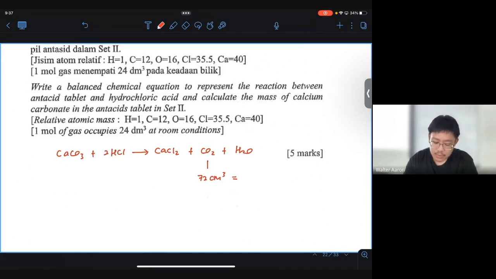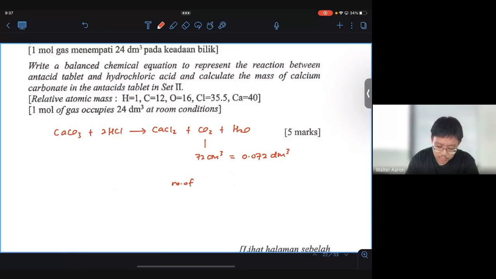So divide by 1000, you'll get 0.072 dm cubed. Okay, so to get the number of moles of CO2, you'll take the volume of gas, divided by its molar volume at RTP.